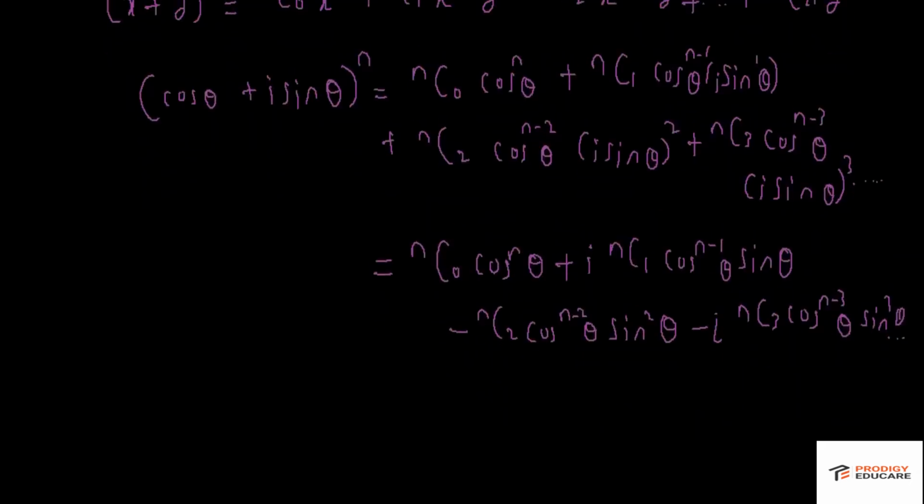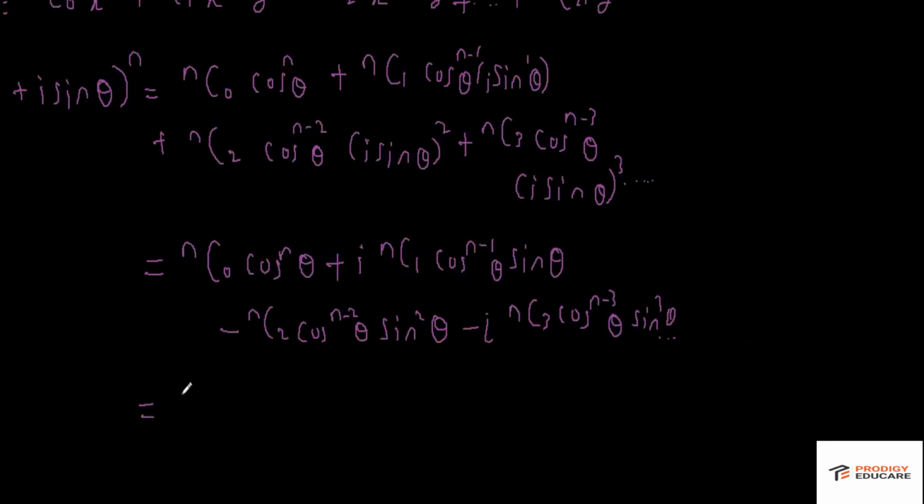Now what I'm going to do is split the real parts and imaginary parts of this. You might be seeing a pattern which has originated here. Here I have nC0 cos raised to n theta. Then I'll write minus nC2 cos theta raised to n minus 2 sine squared theta, and so on, because this term will come in the real part since we don't have an i here.